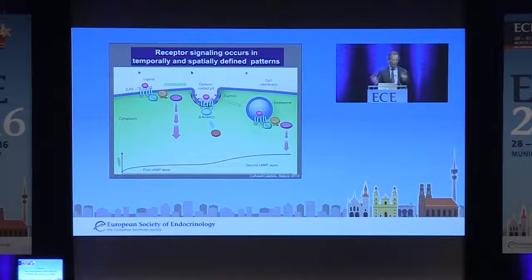And so the overall idea that we're trying to develop is that receptor signals in a temporally and also spatially defined pattern, and that drugs of the future will utilize only a certain spectrum of this pattern.